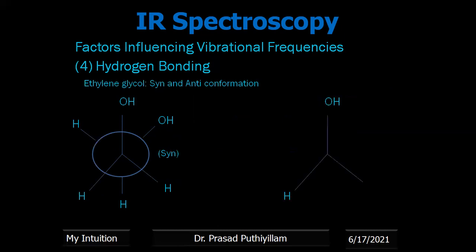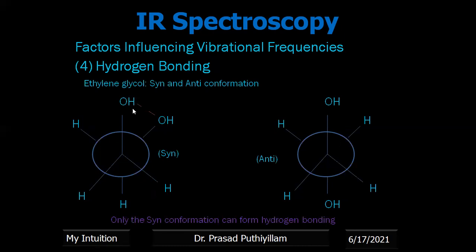If the OH groups are away from each other, that is the anti case. The possible hydrogen bonding is there only in the syn case. The syn conformation can form hydrogen bonding, whereas the anti case cannot.